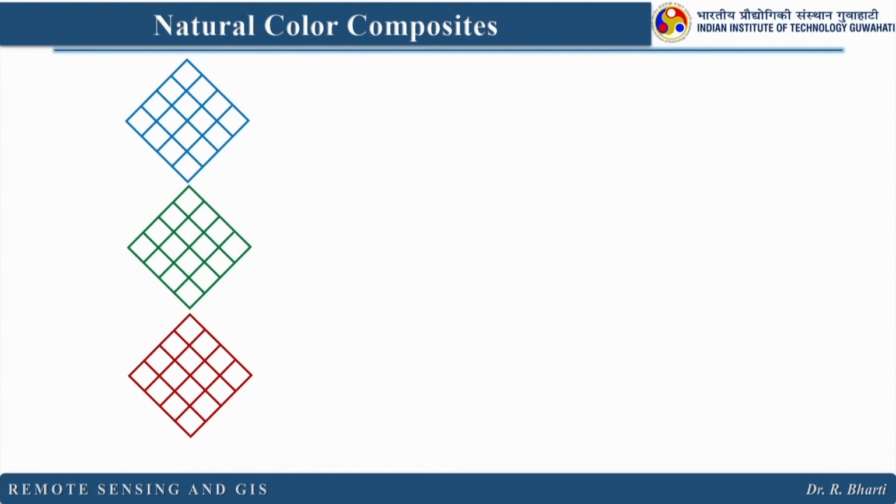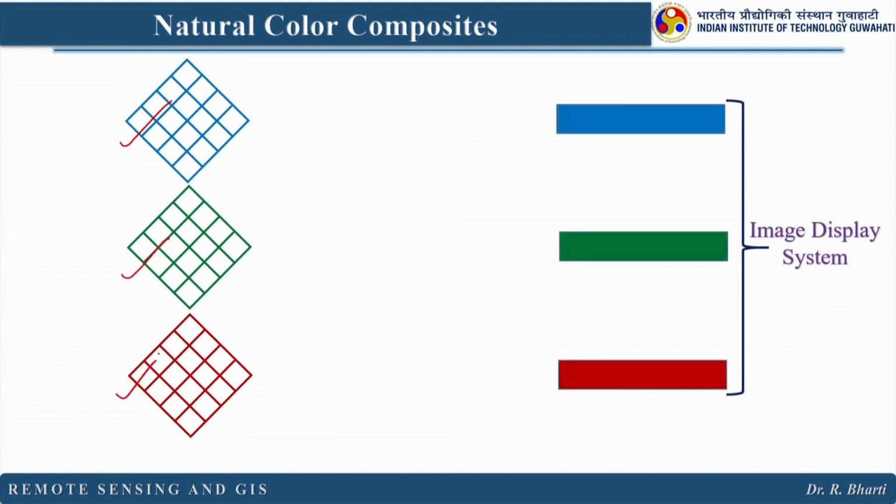Now, let us see what do we mean by natural color composite. So, as I told you, in natural color composite, it will be something similar to how they appear on the ground. So, in this case again we have blue, green and red, and here we have included this blue band, green and red, right. And again this display system will have similar guns like blue, green and red guns.